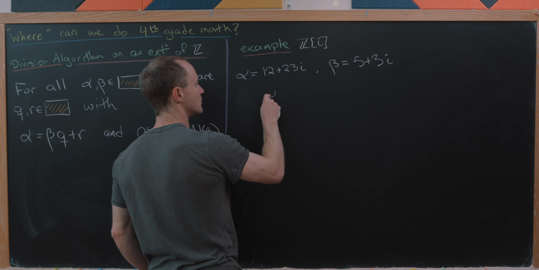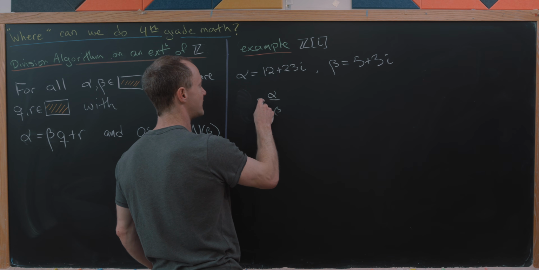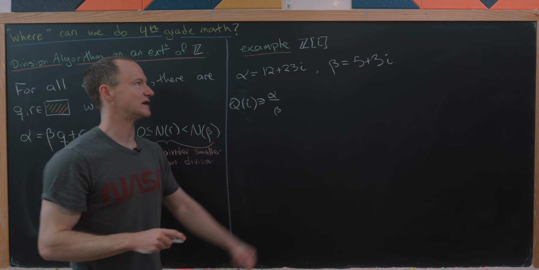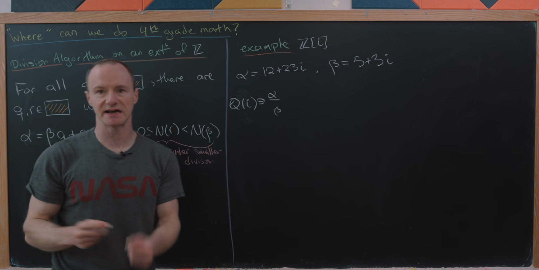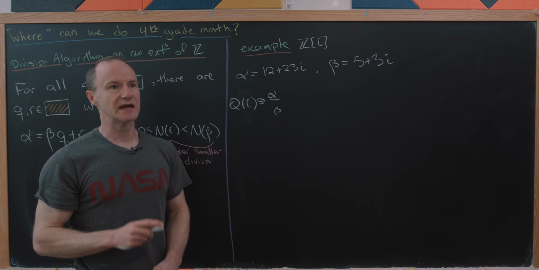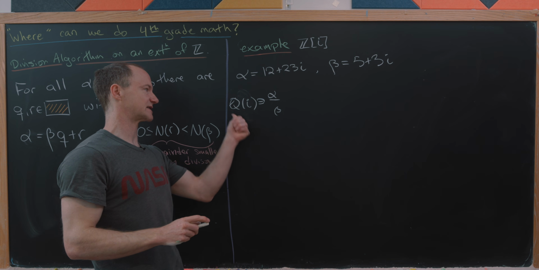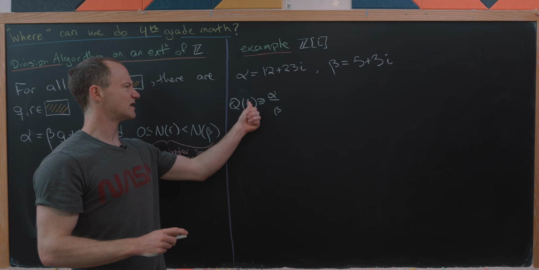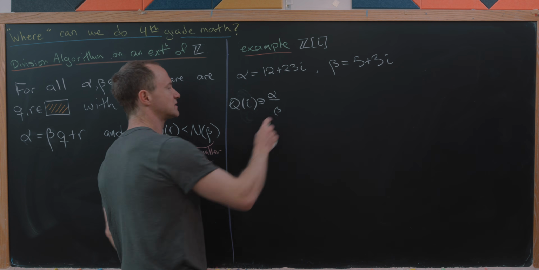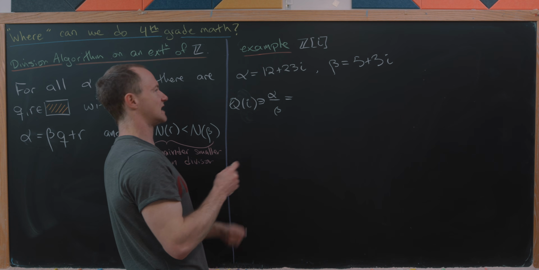And maybe before moving on, notice that alpha over beta will not be an element of Z adjoin i necessarily. Actually, most of the time it won't. It'll be in some rational extension. And so this is going to be like the rational complex numbers over here.